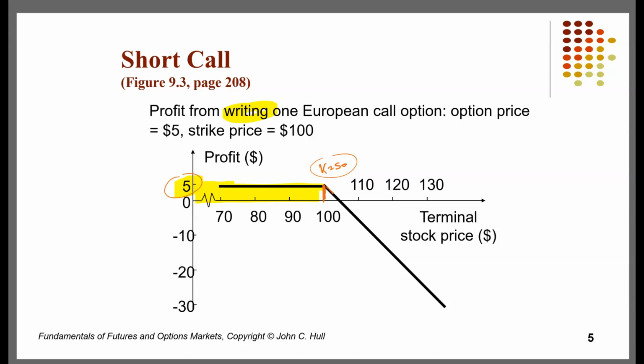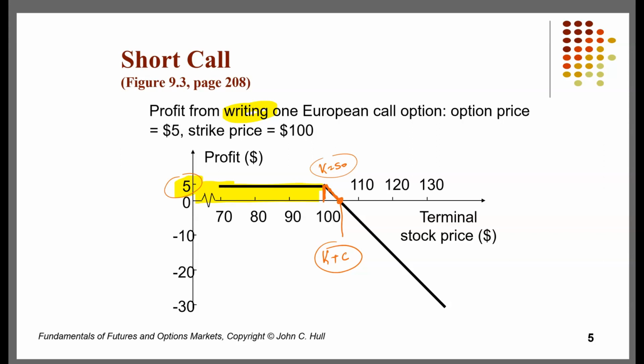The long call is going to wait until the value of the underlying is equal to this point, that is the strike price plus the call premium that the long call had to pay. At which point the long call is going to say, well, I've broken even, I've recovered my money, and then start thinking about exercising the option.